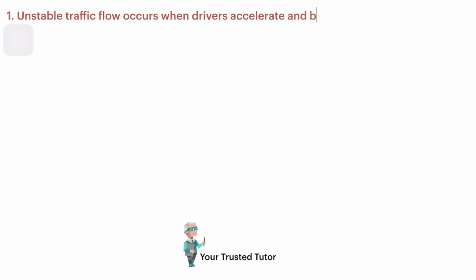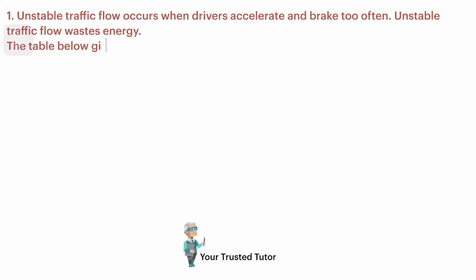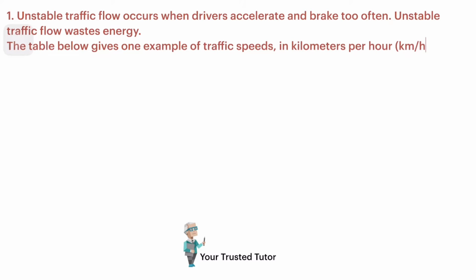Question 1. Unstable traffic flow occurs when drivers accelerate and brake too often. Unstable traffic flow wastes energy. The table below gives one example of traffic speeds, in kilometers per hour (km/h), in an unstable flow situation.